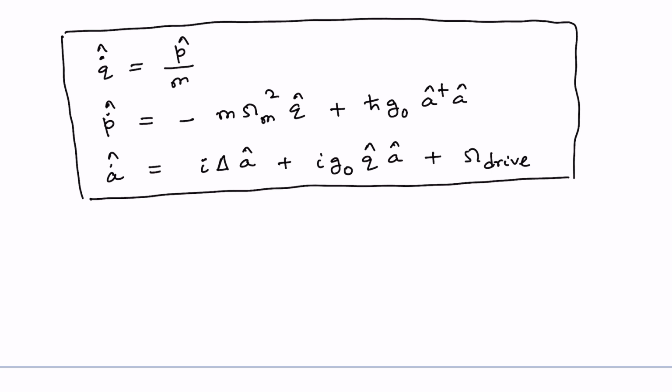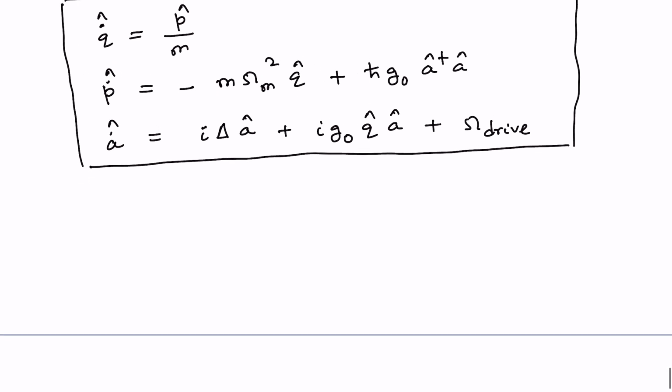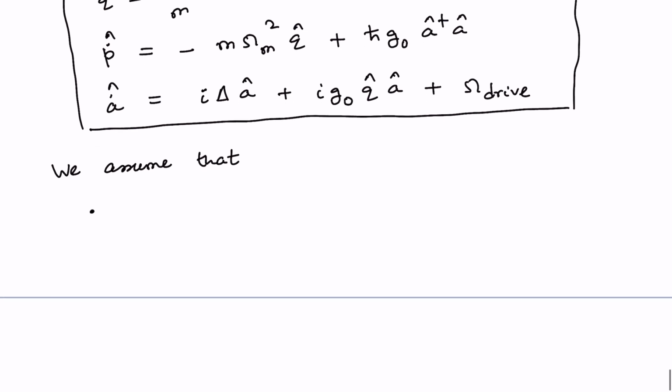Now the effects of the environment or the surrounding can be incorporated into this equation of motion phenomenologically. So we are going to make some assumptions. Firstly, let's say the cavity mode decays. Cavity mode is your A, right?